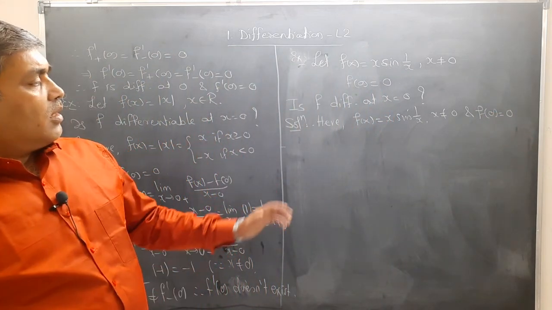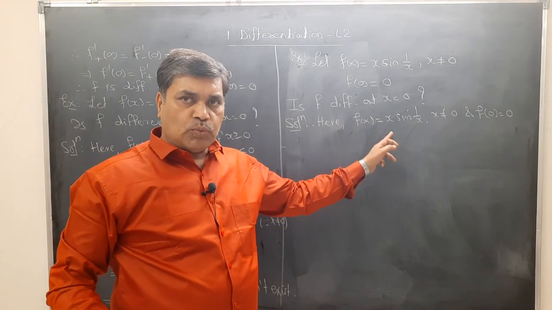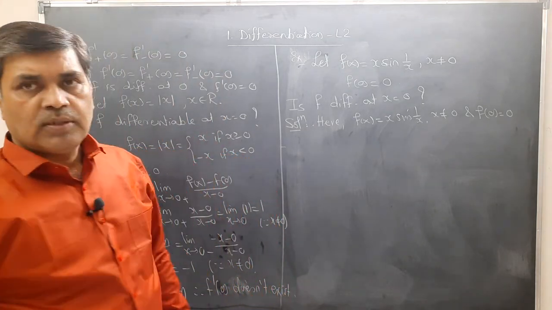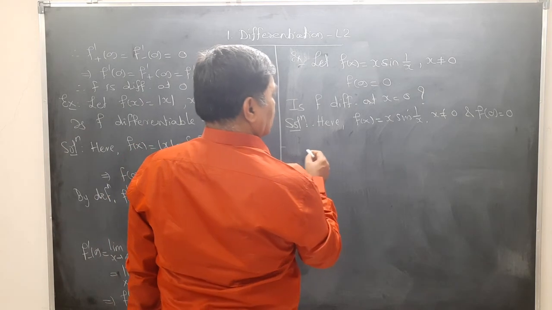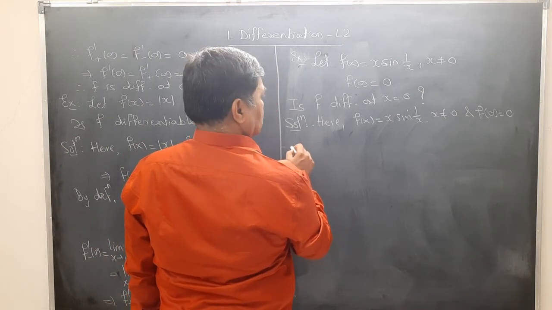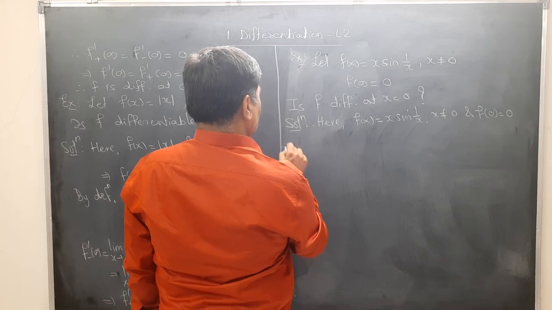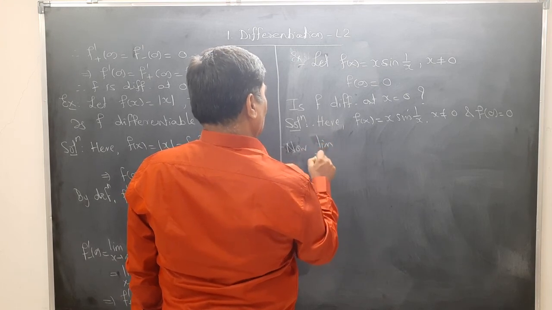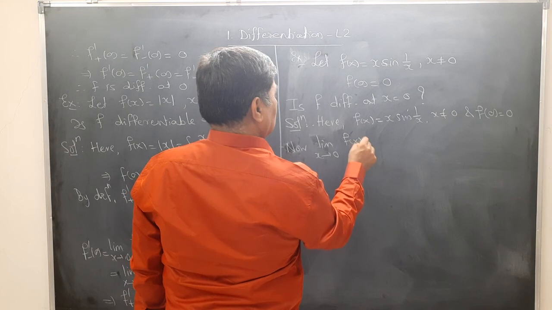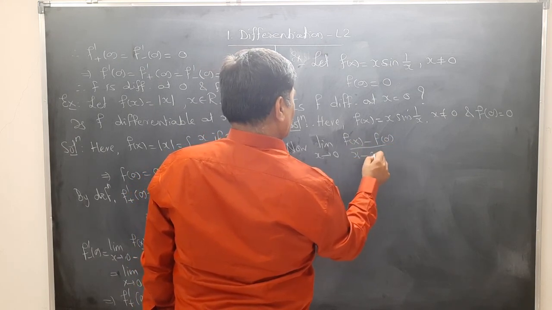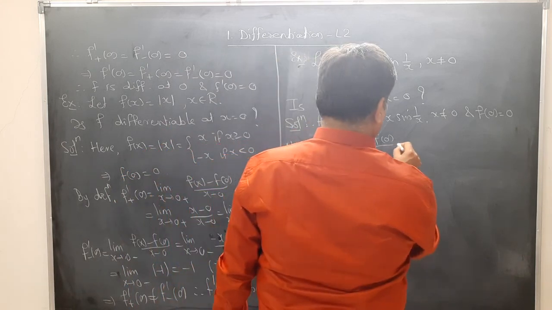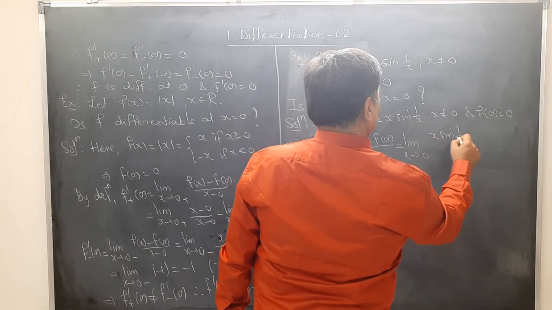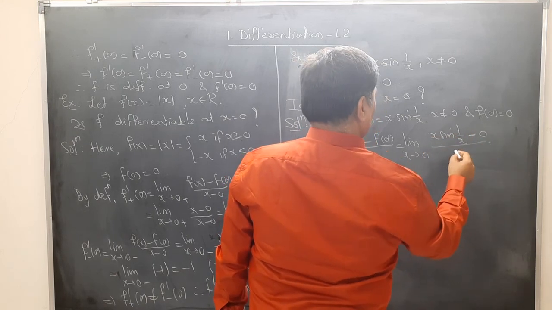Now here on the left side of 0 and the right side of 0, f(x) takes the same expression, x into sin(1/x). Now the limit as x tends to 0 of (f(x) minus f(0)) upon (x minus 0) is equal to, I don't know whether the limit exists or not, the limit as x tends to 0 of (x sin(1/x) minus 0) upon x.